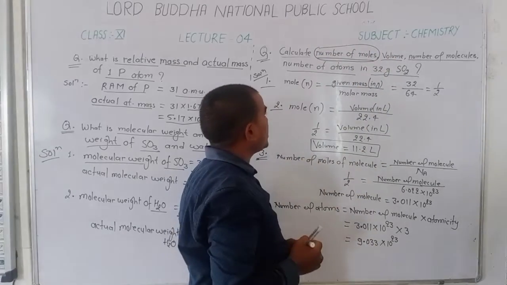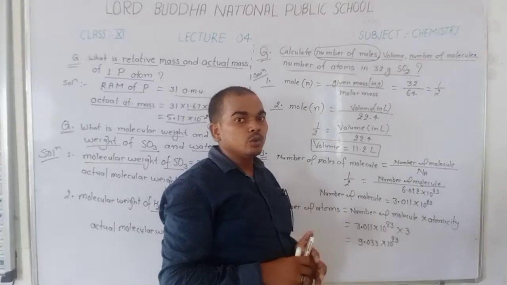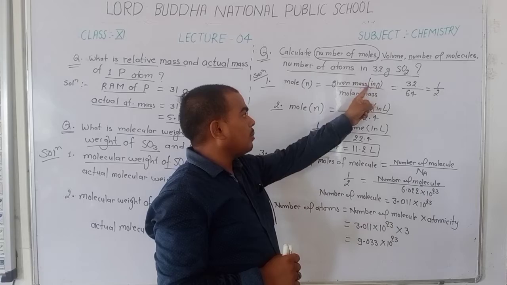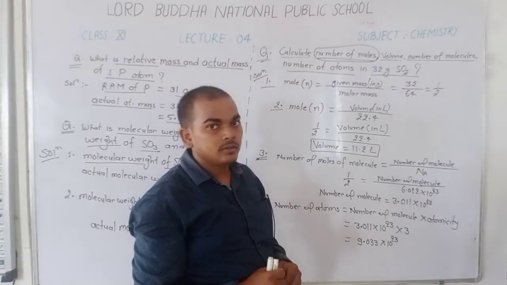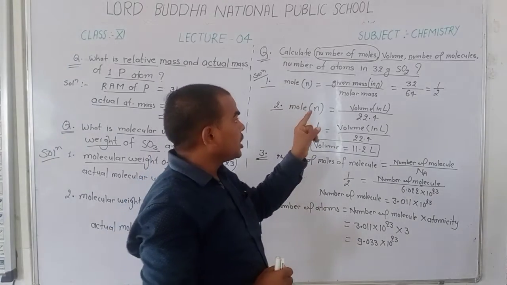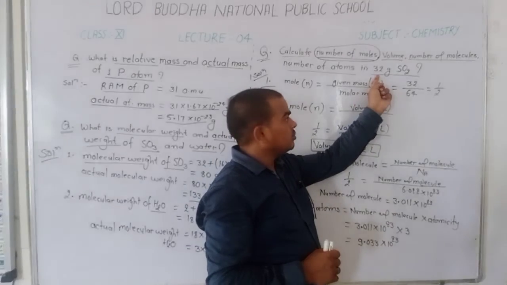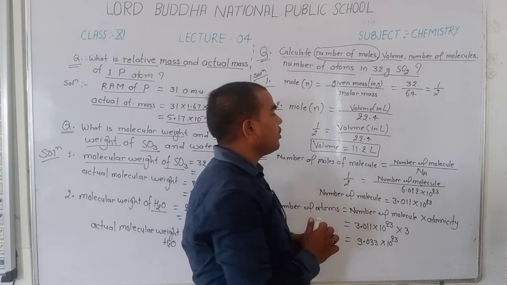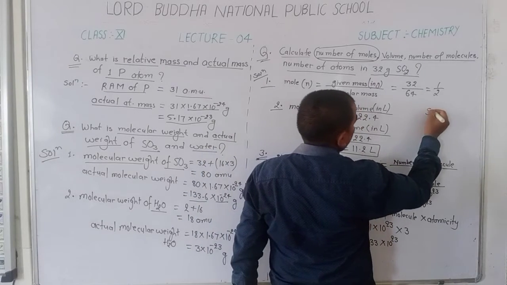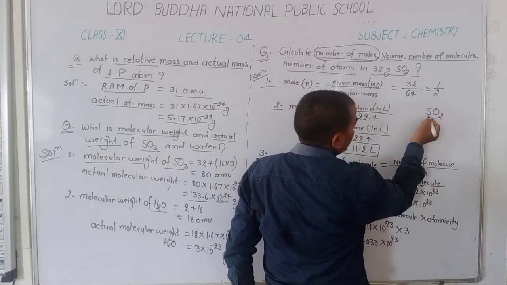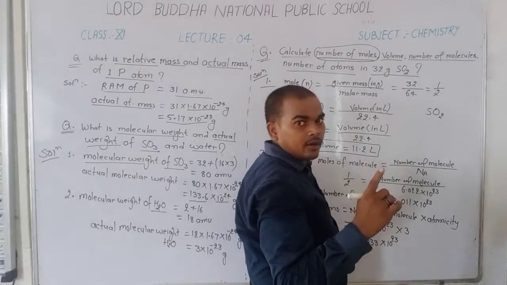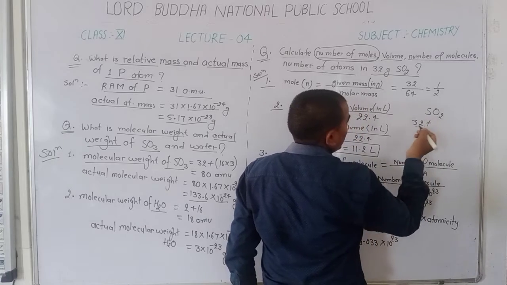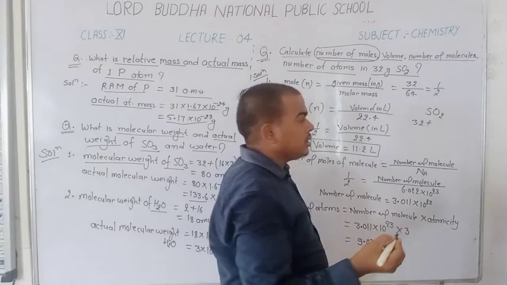For calculating the number of moles, we use the formula: mole equals given mass in gram upon molar mass. Here in the question, the given mass is 32 gram. Put the value 32 and the molar mass of sulfur dioxide. Calculate by this method. Number of sulfur is 1, so the mass of sulfur is 32, whereas the atomic mass of oxygen is 16.